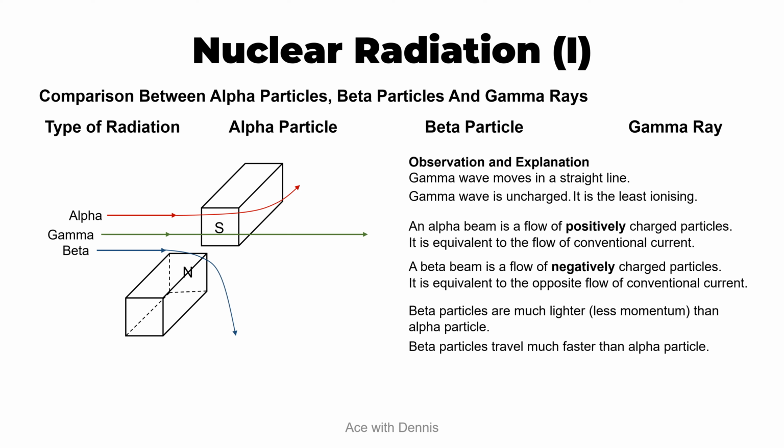Hence, beta particles travel much faster than alpha particles, and therefore beta particles are deflected more compared to alpha particles. So you can use this explanation to answer the question if they ask why beta particles deflect more compared to alpha particles, or why beta particles travel faster than alpha particles.